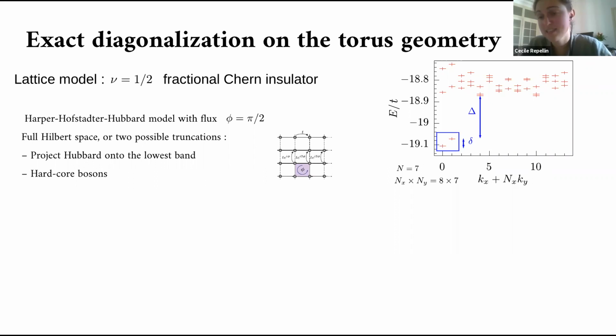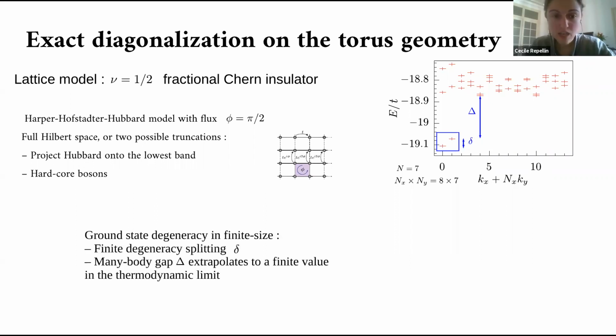In finite size, unless you have a special symmetry, which is the case in the continuum but not on the lattice, there is a finite degeneracy splitting, which we expect to exponentially go to 0 in the thermodynamic limit. So we want to check what those 2 quantities, the many-body gap and the ground state degeneracy splitting, do in the thermodynamic limit.